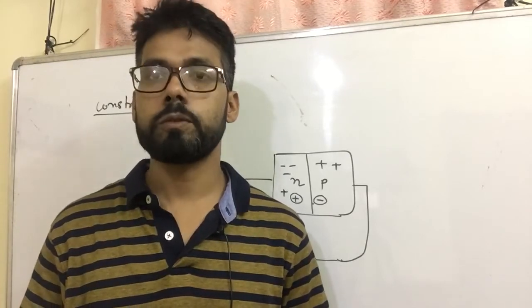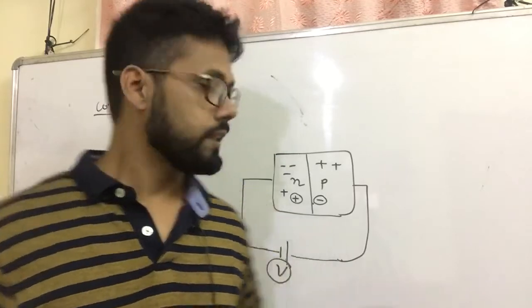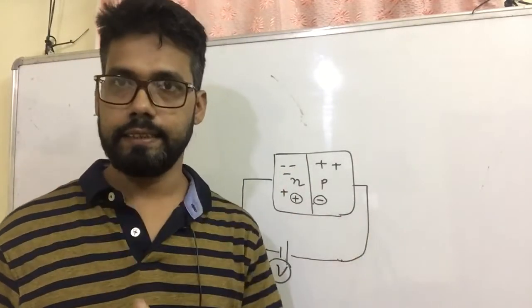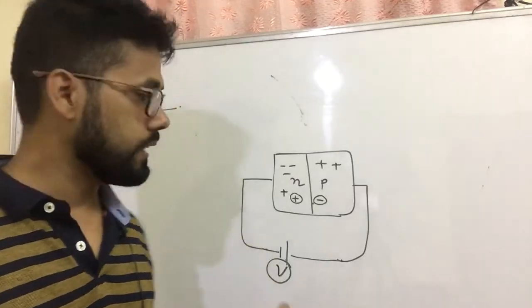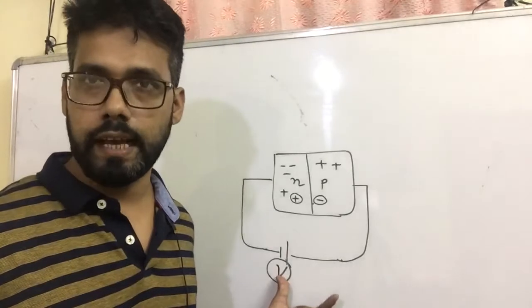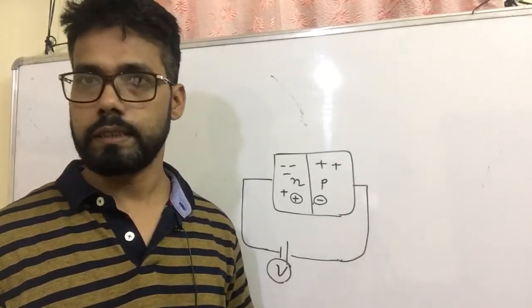If you don't apply power supply to the laptop, you can't do anything. Similarly, in a diode also, an LED light is a diode. So the voltage to be applied over the diode in order to study the behavior of the device is known as the biasing voltage.